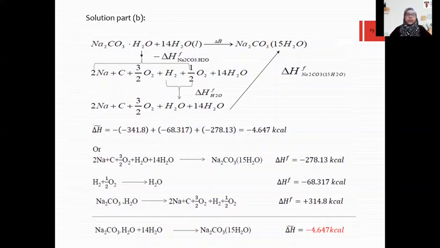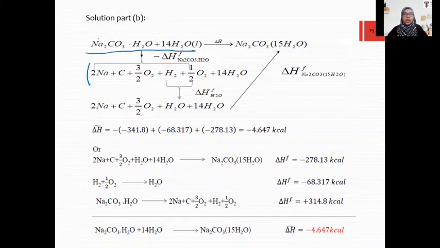Let's take a look at the next solution. So we have sodium carbonate in 14 mole of water to obtain the sodium carbonate monohydrate in 50 mole of water. Based on the calculation part, the first part is for the solute. You need to produce all the elements from this part.